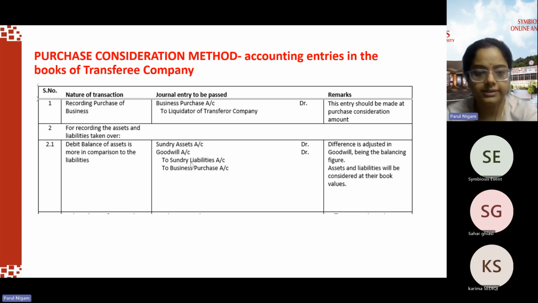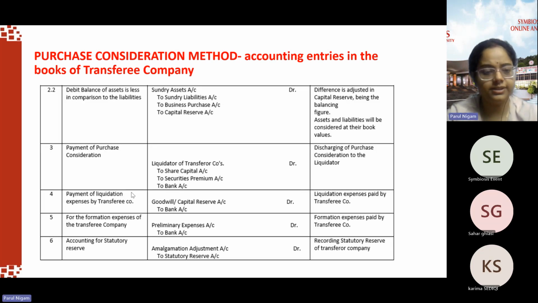Okay, so sundry assets account debit, to sundry liabilities, and to business purchase. Fine. Then on the debit side, we'll be having goodwill because that's the adjusted value, you can say.